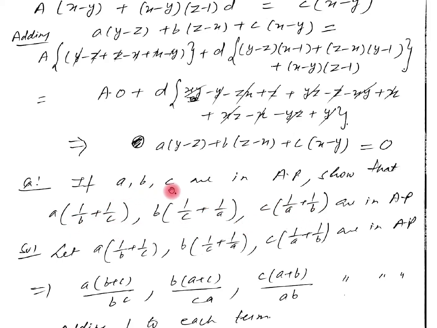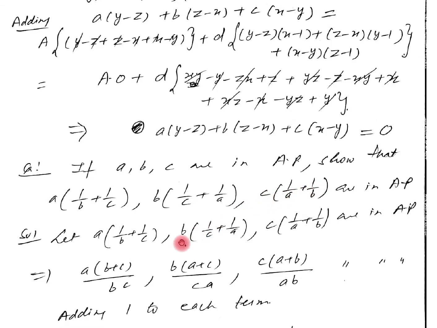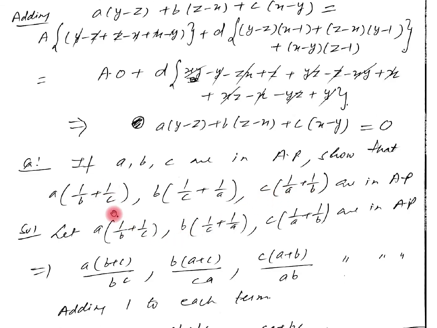It is given a, b, c are in AP, and we have to prove these terms are in AP, but we are doing the question in the converse order. Let us suppose these three terms are in AP. We always start this type of question by this method. If these are in AP, I am simplifying these terms.